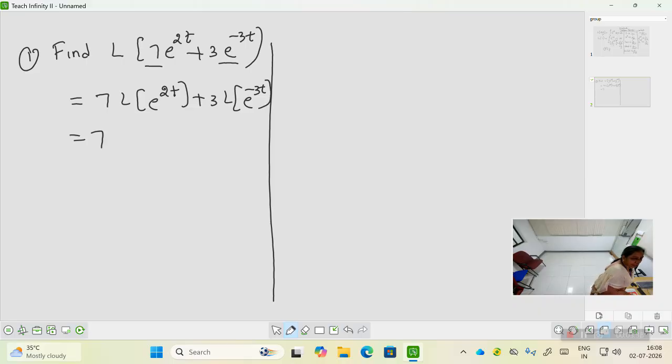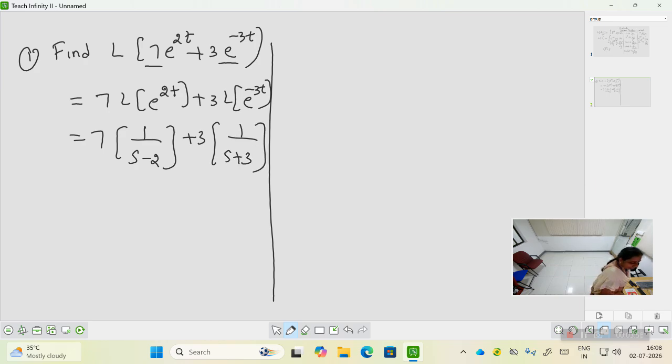Which is equal to 7 times, what is L of e power 2t? Just now I told you, e power at is 1 by s minus a, so e power 2t means 1 by s minus 2. Plus 3 into, what is L of e power minus 3t? It is 1 by s plus 3.